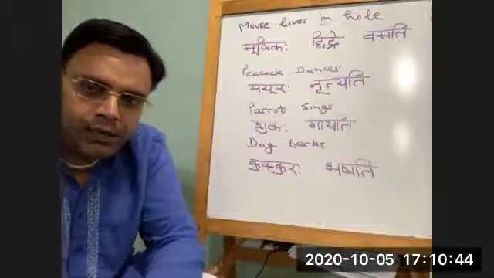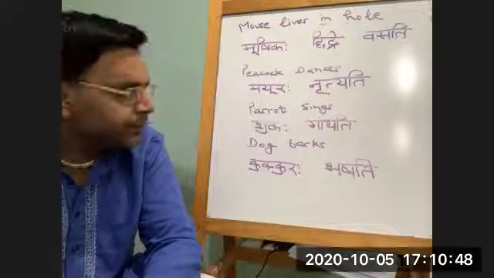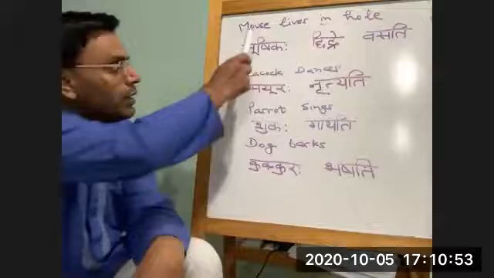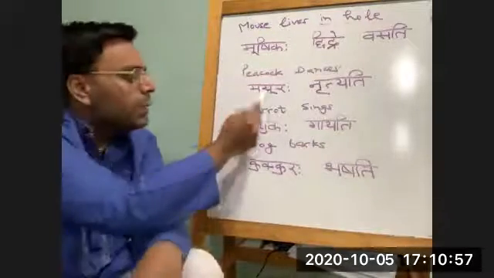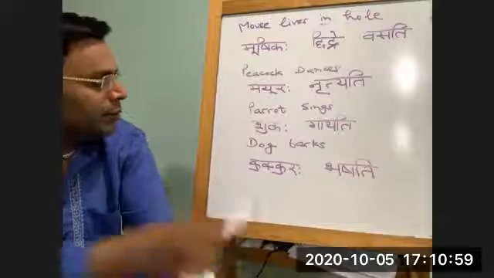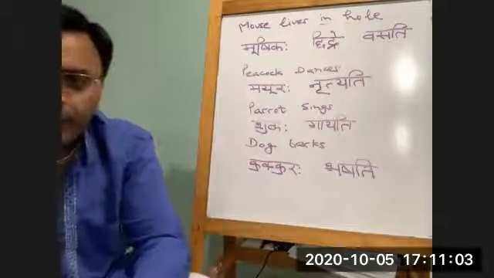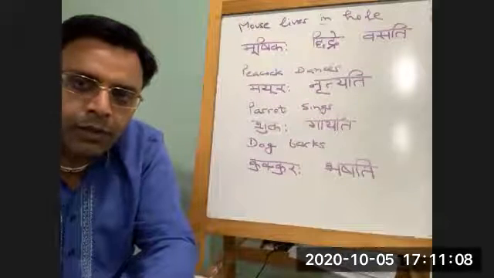Donkey is called Kharaha or Gardabhaha. Mouse is called Mushikaha. Peacock, Mayuraha. Parrot, Shukaha. And then wolf. Wolf is called Vrikaha.